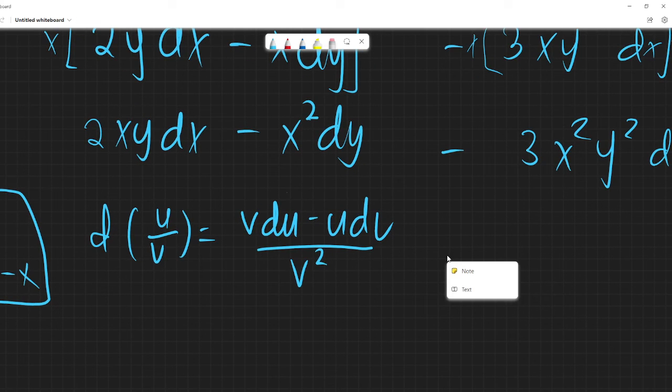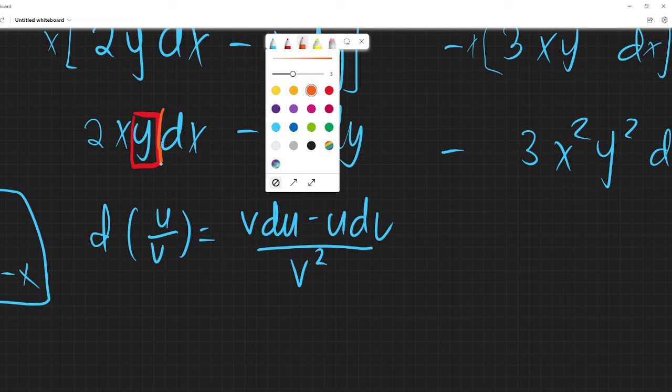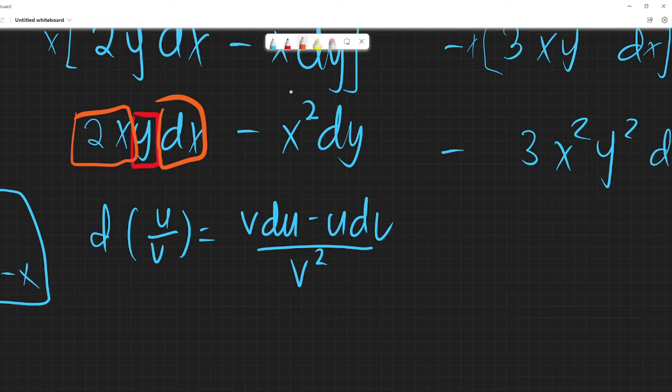So since I will relate this equation to this equation, what is v first? For me, I see that v is this y. And that du is just dx, and 2x. And here my u is this one, and my dv is this one.